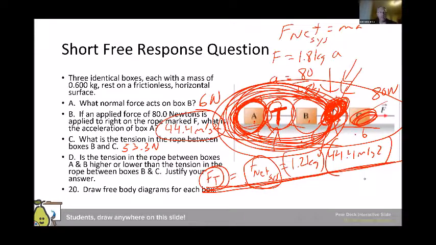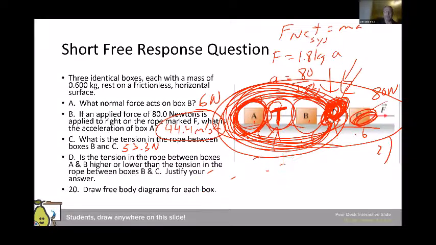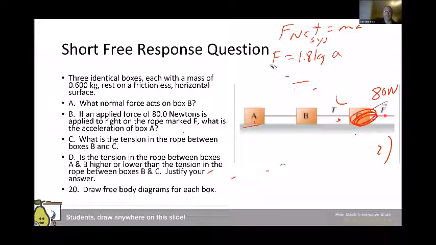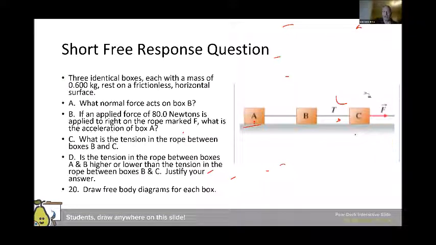All right. And then finally, the free body diagram thing. Notice it says draw a free body diagram for each box. So let me clear off some space. Let's start with box A. For box A, we know that we've got a weight acting on this thing.